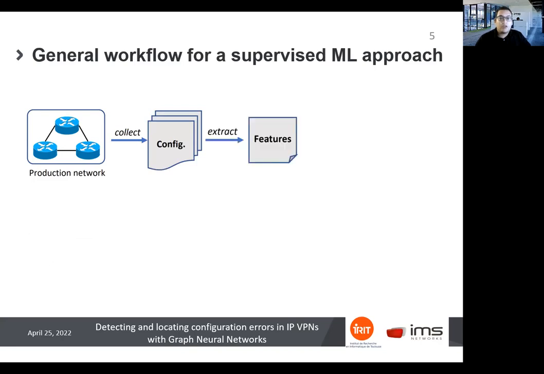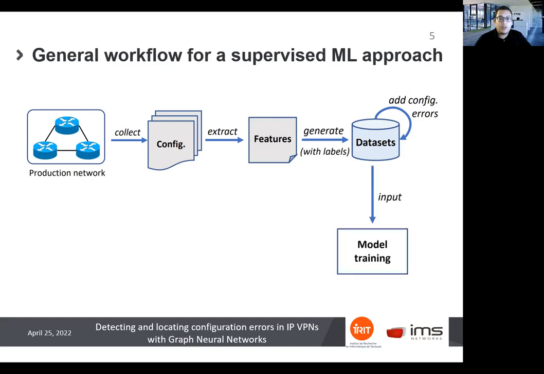Then extract from these configurations the features that could be meaningful for our problem and which will be used to generate the training datasets containing labeled faulty and valid configurations. After that, we train on these datasets using the machine learning model.